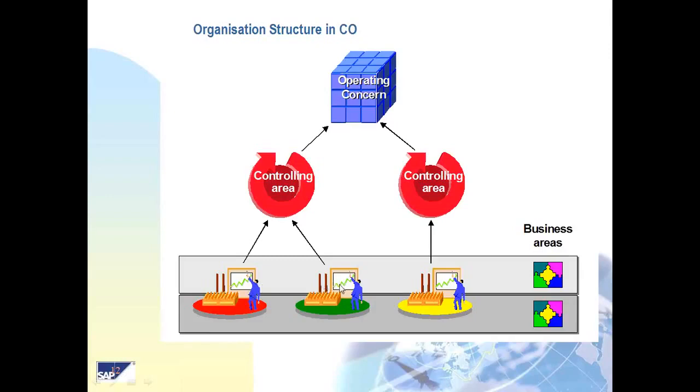Each controlling area may have different company codes, again subject to certain conditions, or one controlling area and one company code, a 1:1 ratio, is also possible. There is a business area, which, as you already know, is optional. There is no one-to-one relationship between the company code and business areas. Any business area can be maintained with reference to any number of company codes, and vice versa.